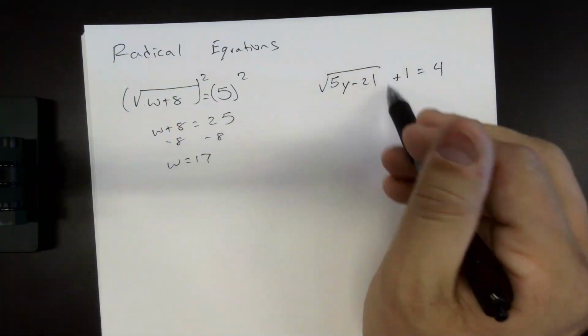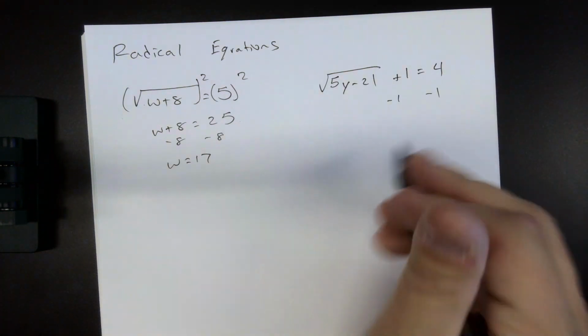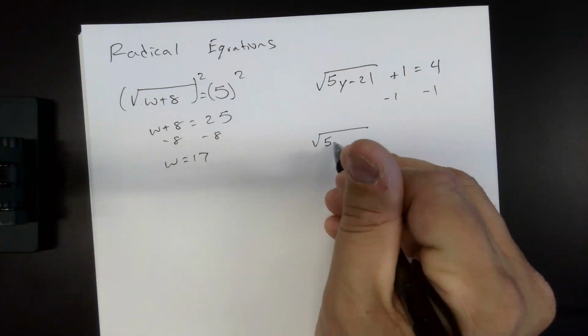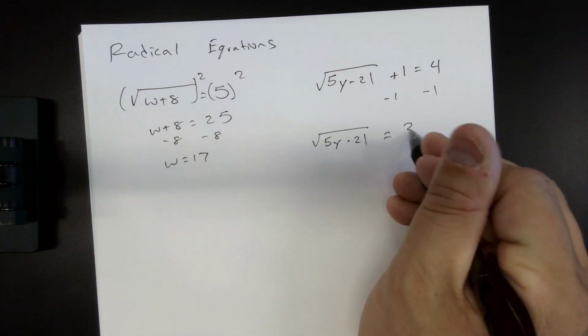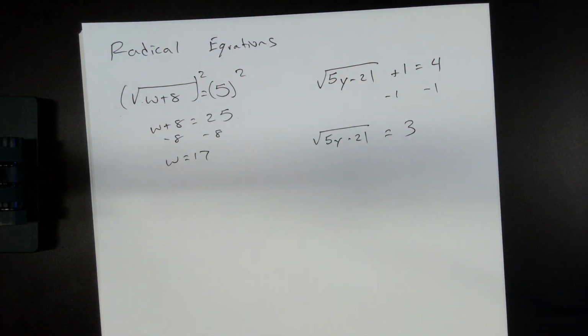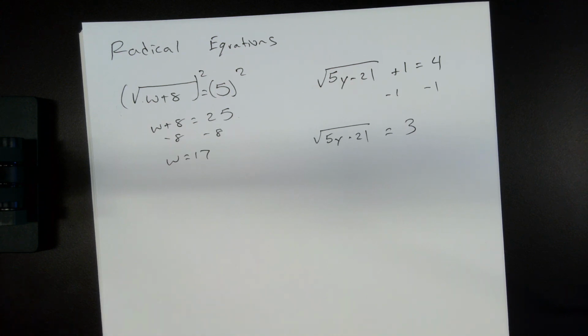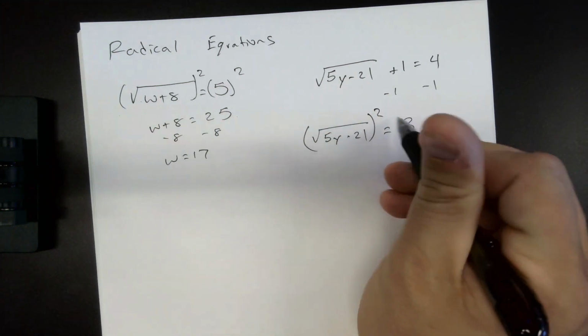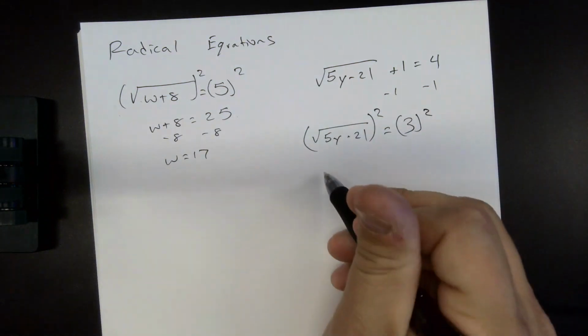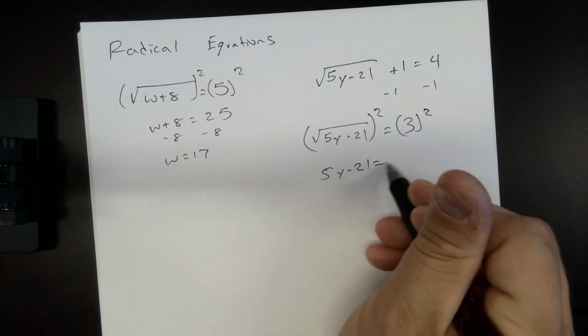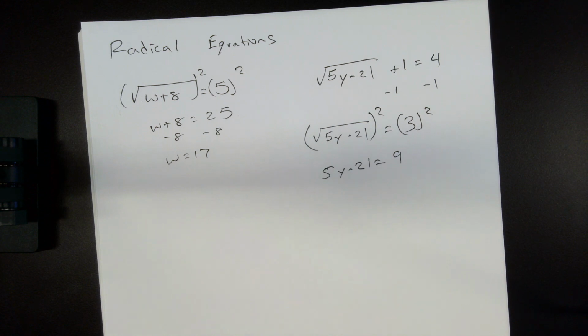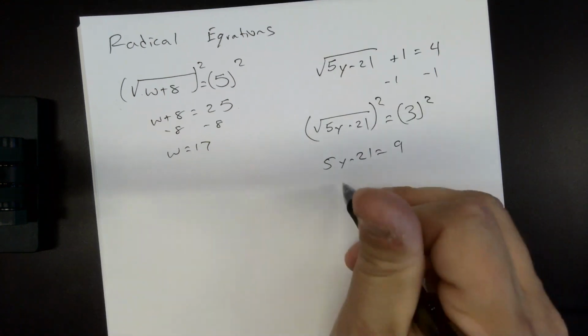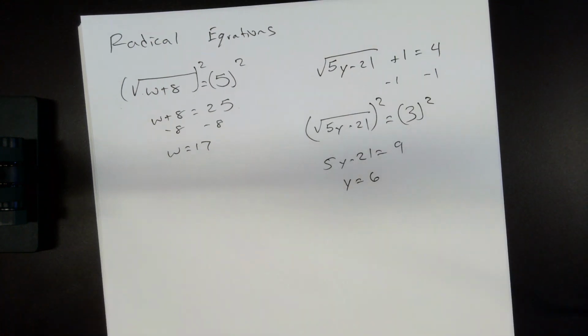You have to get rid of this plus 1, so we're going to subtract 1 first to get the square root of 5y minus 21 equals 3. And then as soon as the radical is alone, you can square both sides. So we square both sides, which gives us 5y minus 21 equals 9. And then everyone should know how to solve this to get y equals 6 as your solution.